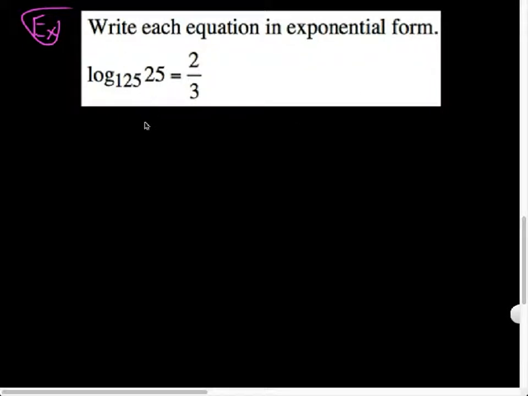And what this could be rewritten as in exponential form. So remember, this 125 is the base, so that is going to be the base in my exponent. The power is what the 2/3 is equal to. And that would equal 25. So this is in exponential form.